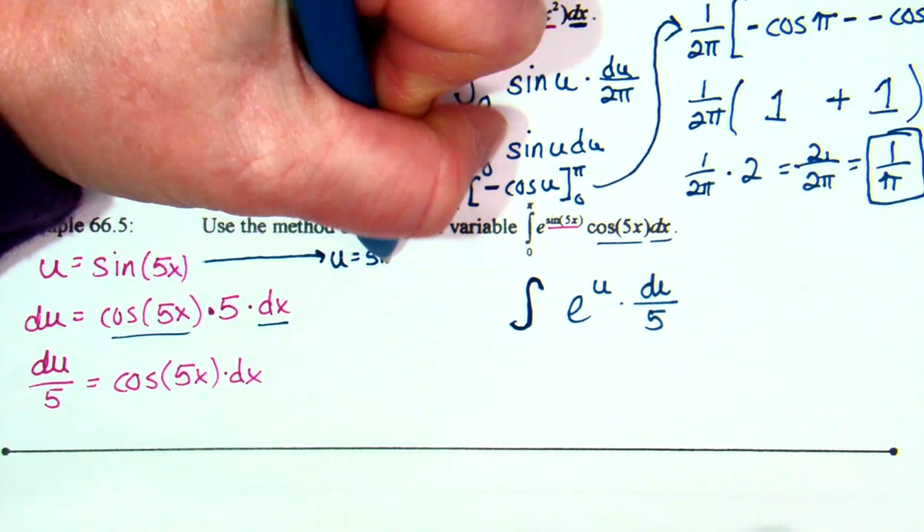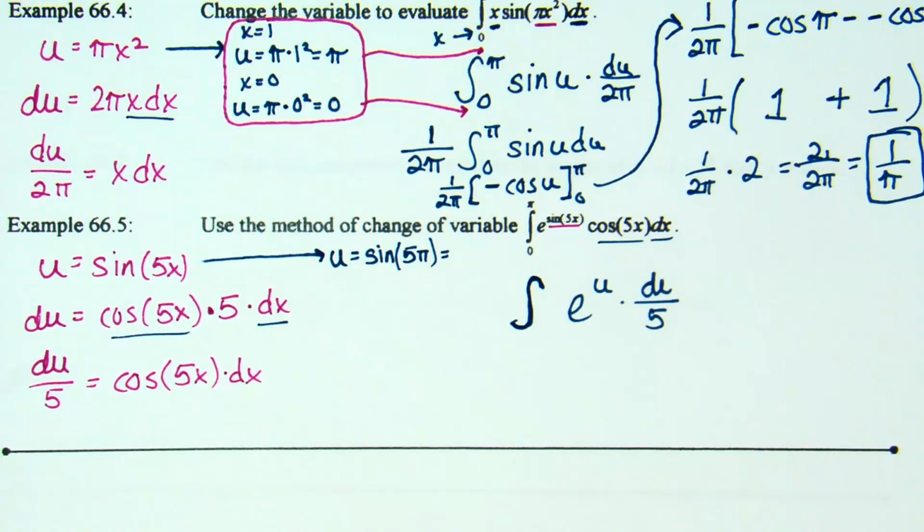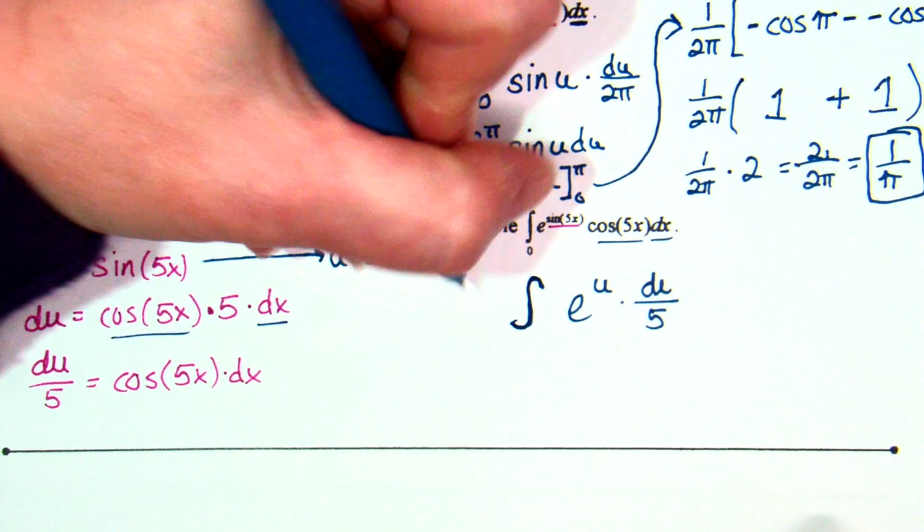So sine of 5 pi is 0. Okay? And we're going to repeat this process with 0. Sine of 5 times 0. Well, 5 times 0 is 0. What's the sine of 0? 0. So what are my new boundaries? 0 and 0.